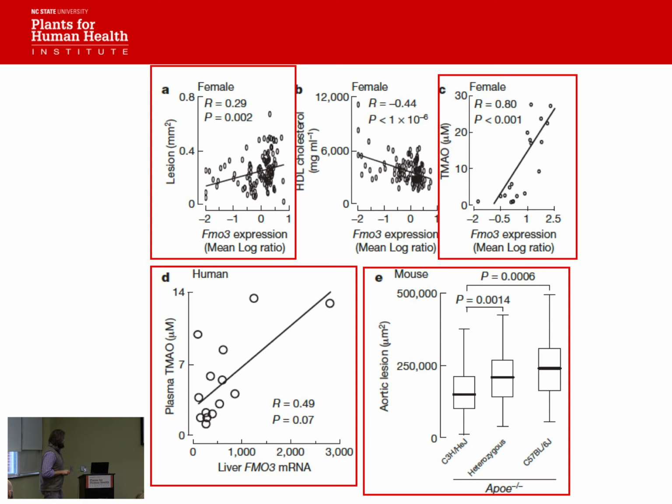Okay? And they also, this is not to get into this, but this was basically showing that this locus where this gene is located, the genotype of this locus is also strongly related to lesions. Okay, so they've showed then here that this liver enzyme FMO3 is also related to microbial-associated TMA production and subsequent atherosclerosis.